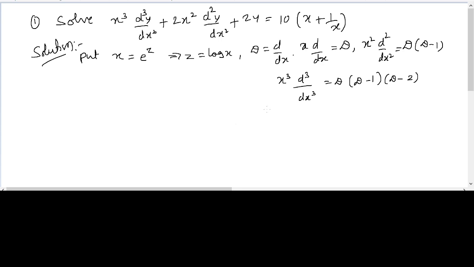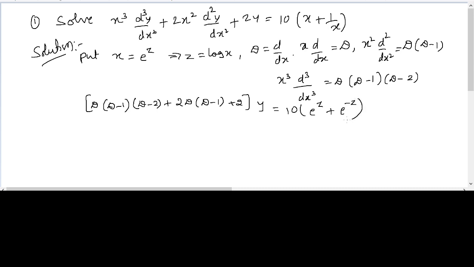Thereby putting these values in the given equation, the given equation reduces to D into D minus 1 into D minus 2 plus 2 into D minus 1, plus 2 of y, that is equal to the right hand side, where x is to be replaced with e power z and 1 by x is written as e power minus z.